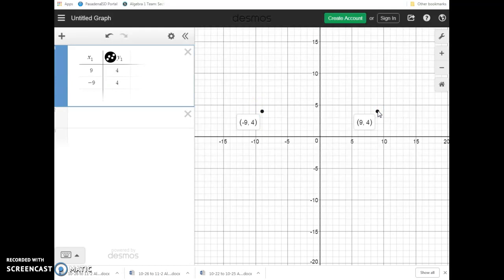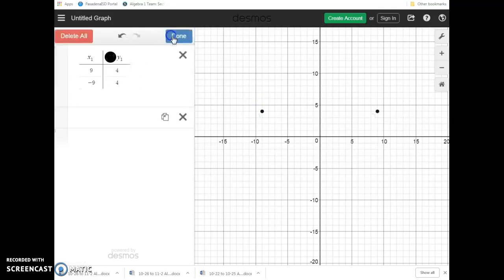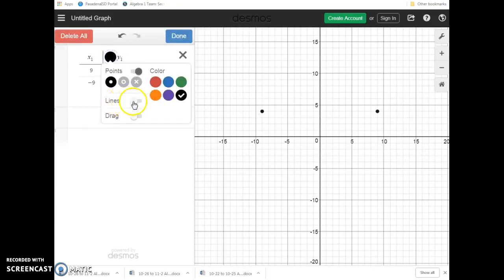If you draw a line, because you can, you click here and it'll add the line for you. But even if you don't add the line, these 2 points are parallel to this x-axis line right here. So that is correct. Roman numeral 1 is correct.